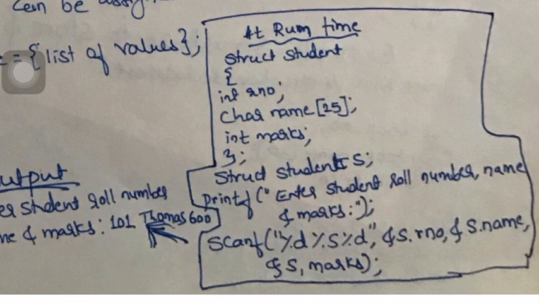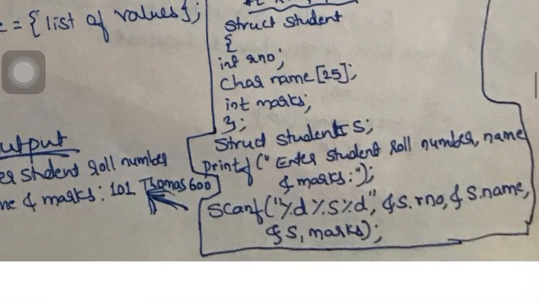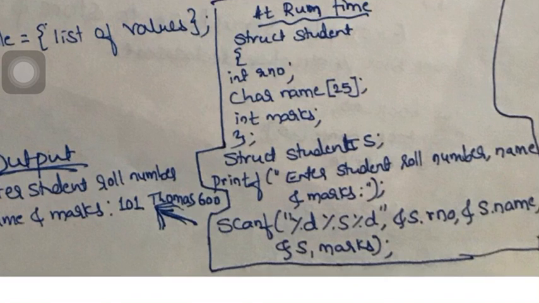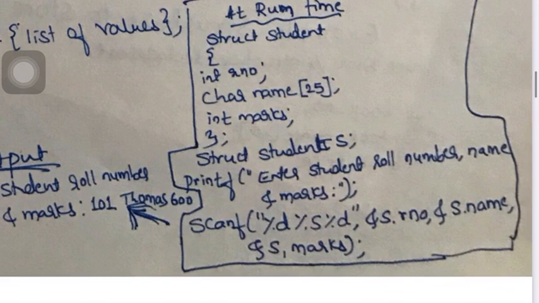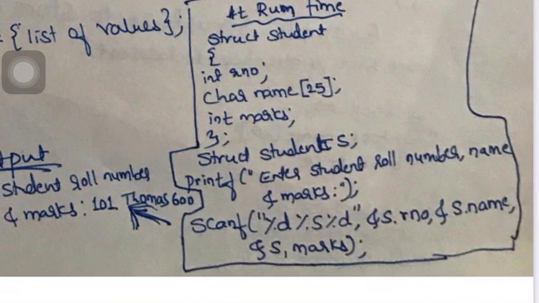The next statement is printf enter student roll number, name and marks. As the program is running, when it comes to this point, it will ask you to enter the student roll number, name and marks. This printf statement gives the message on the screen.